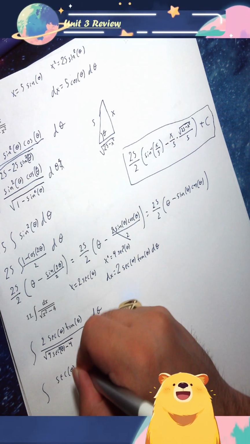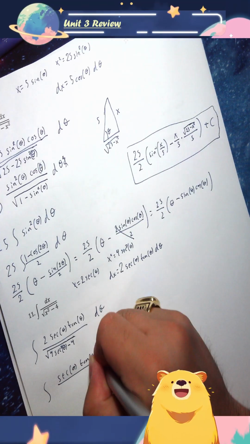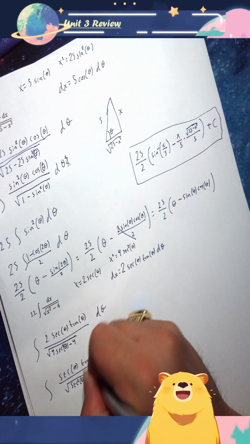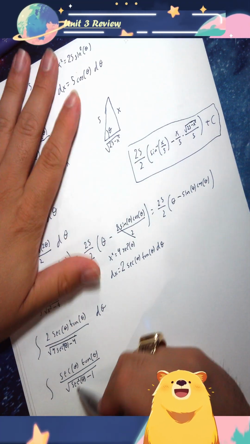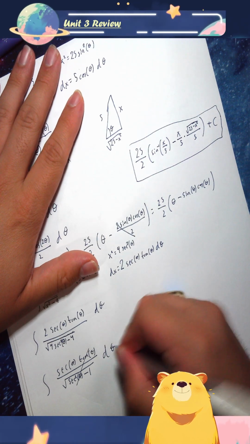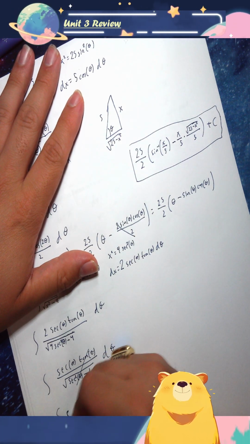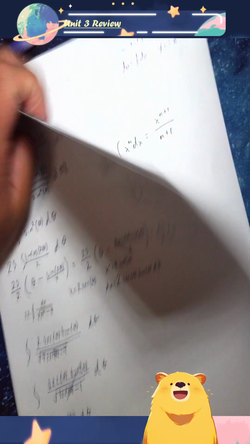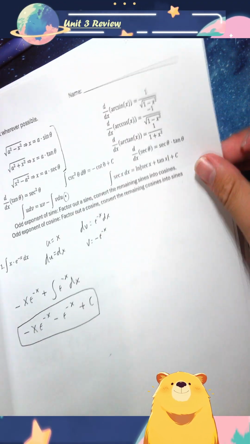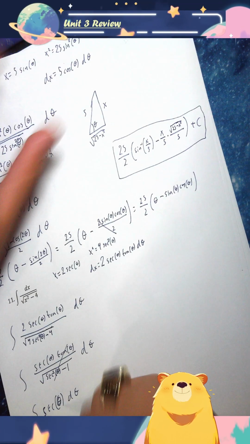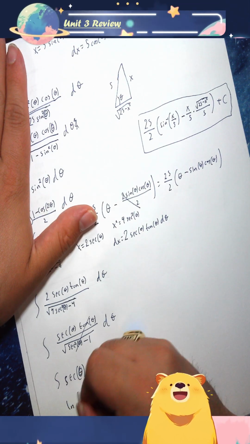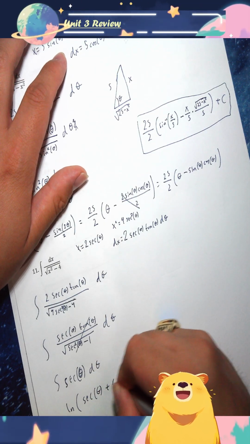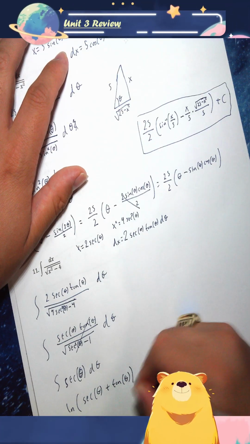Secant of theta tangent of theta over square root of secant squared of theta minus 1. That's going to be tangent, so that will cancel out. And the integral of secant is ln of secant of theta plus tangent of theta plus c.